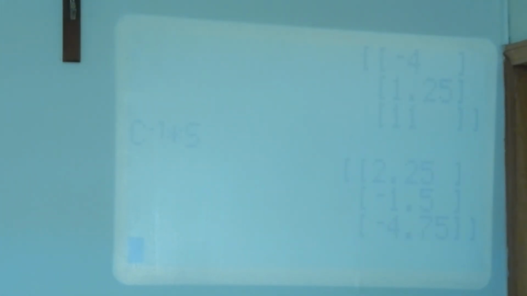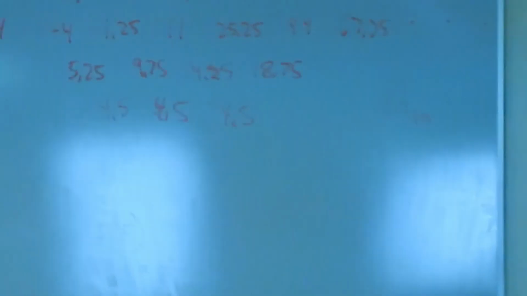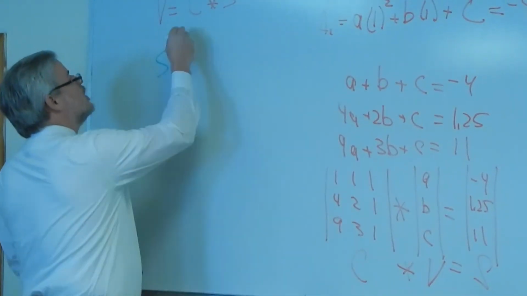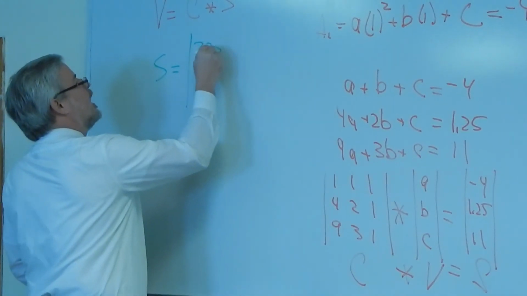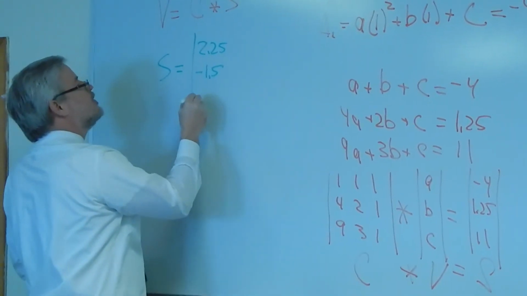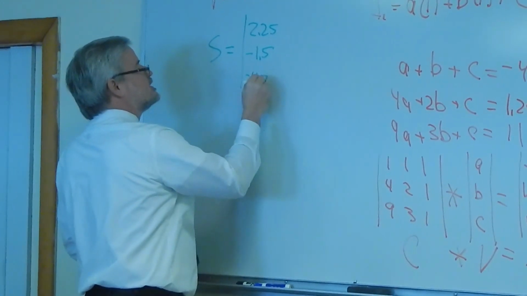And look, what do we get? So your solution matrix is what? 2.25. Negative 1.5. Negative 4.75.